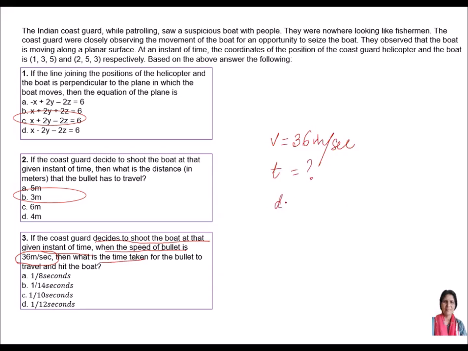And what is the distance? We have got it. It is 3 meter. Then time will be distance by speed. So 3 by 36, so 1 by 12 seconds. So 1 by 12 seconds means D is the answer of this question.